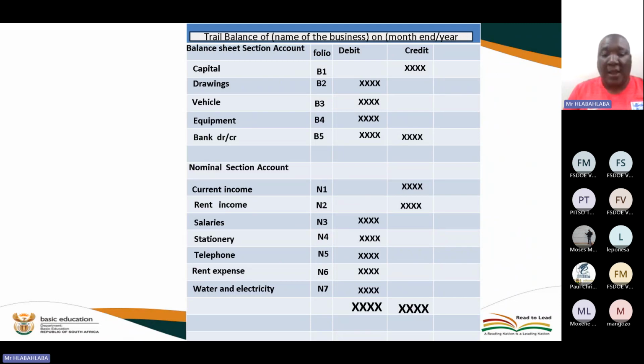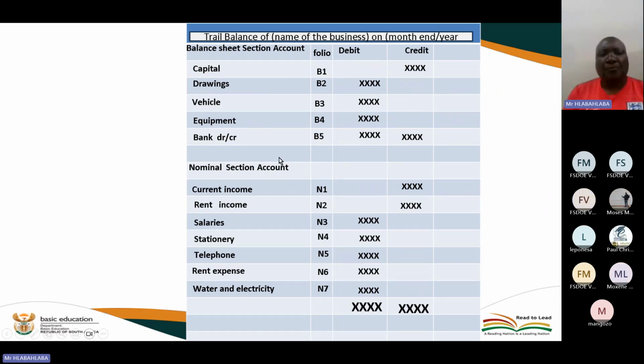Now, what you can do, you can go and take your ledger, the ledger that you have done maybe sometime last week or in term 3, or the ledger that we have just done, and take all the balances and put the amounts there as they are.